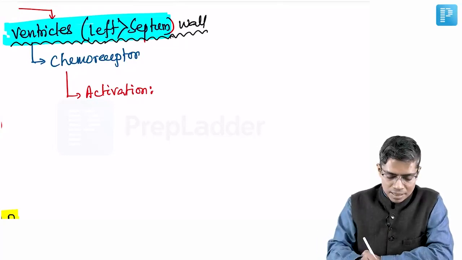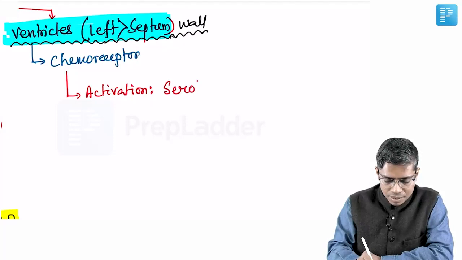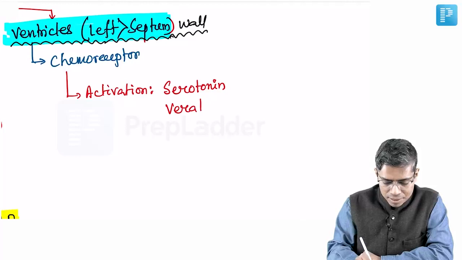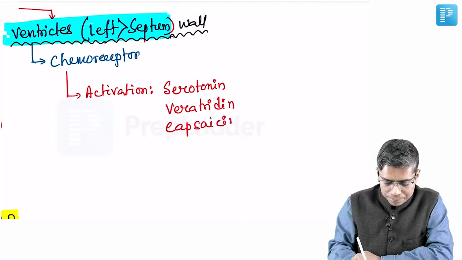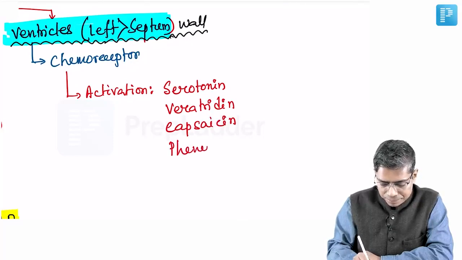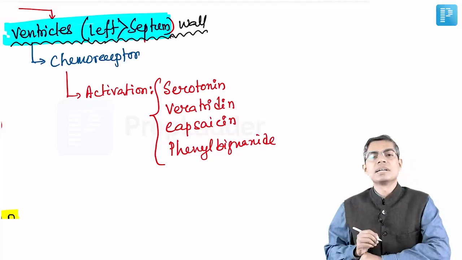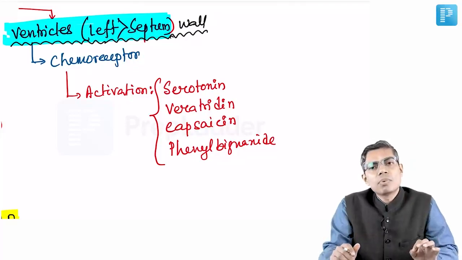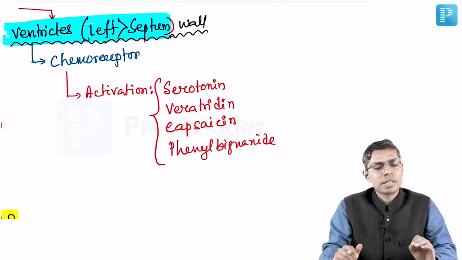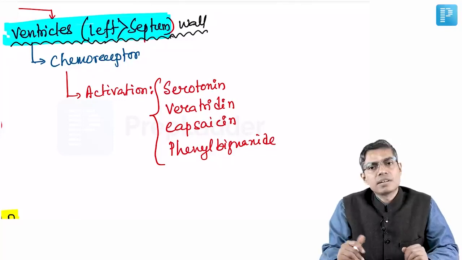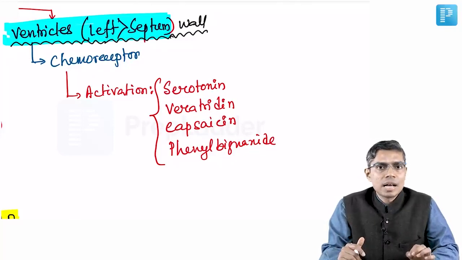If certain chemicals, for example, very important, serotonin, veratridine, capsaicin, phenyl biguanide, are present at the level of the coronary arteries, particularly the left ventricular muscle wall, then what is going to happen?